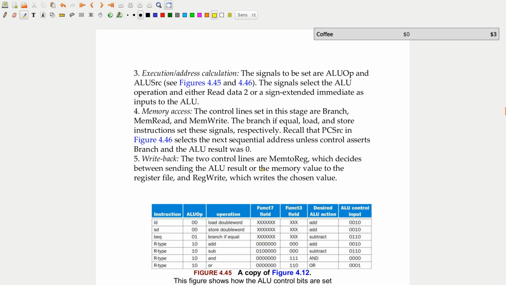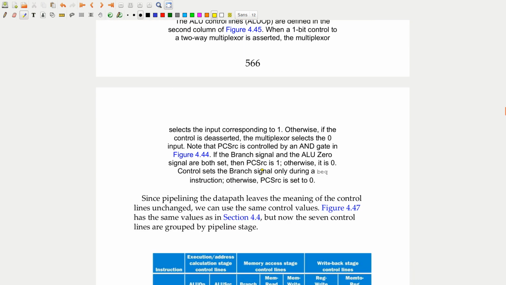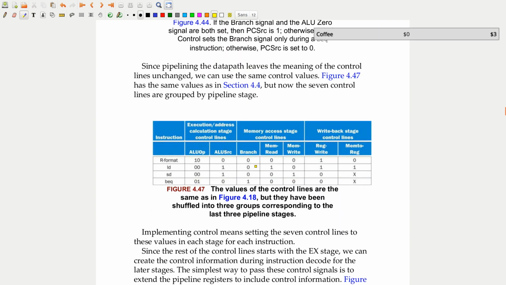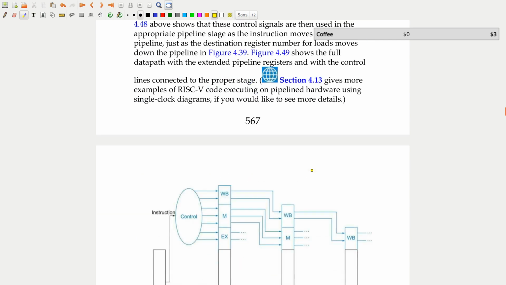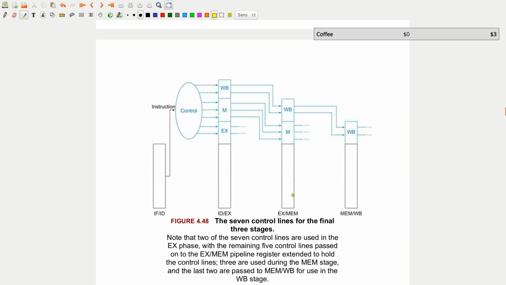Is there anything else interesting? So we see some more truth tables where we can work out the logic to figure out exactly what kind of gates we're going to need, but that's more of a trivial exercise reserved for a logic design class. So here we see that for the control, for the first stage, we need to pass forward everything we need for the execute stage, the memory stage, and the write back stage.